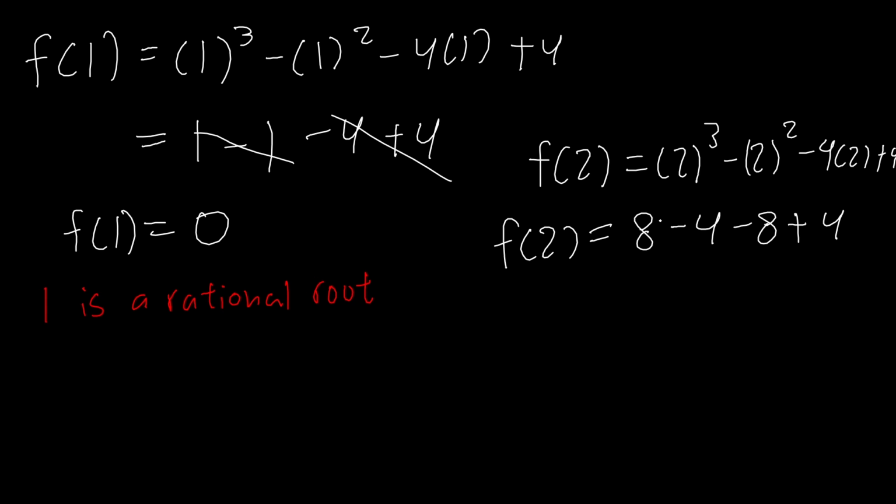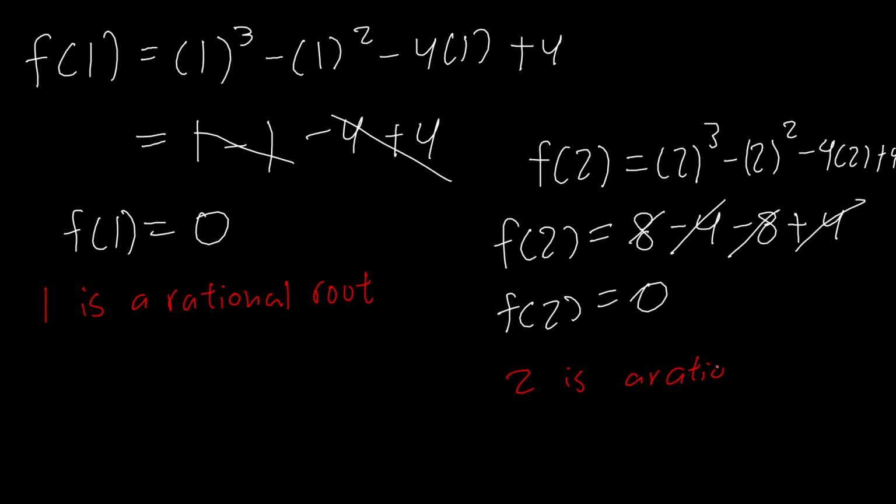Now we can just cancel 8 and negative 8, and negative 4 and positive 4. And now we got 0. So we can conclude that 2 is a rational root of this polynomial function.